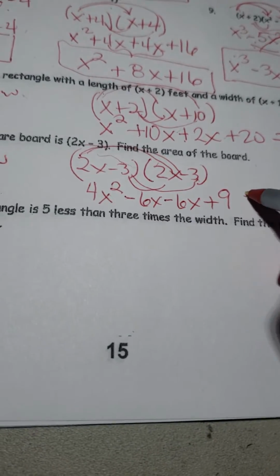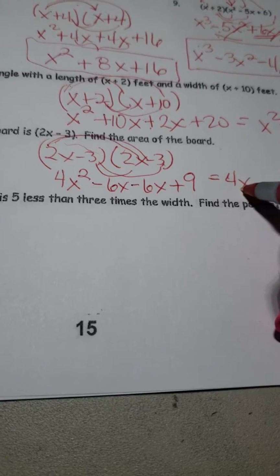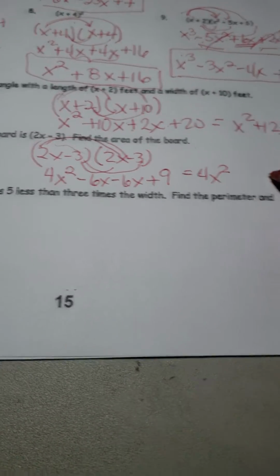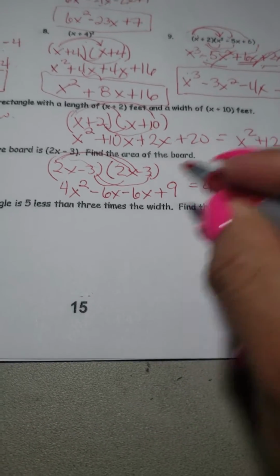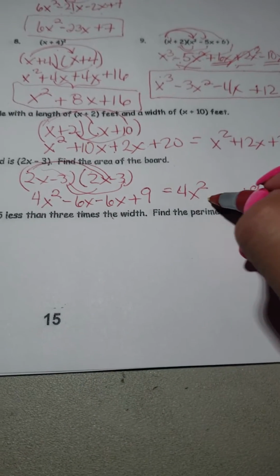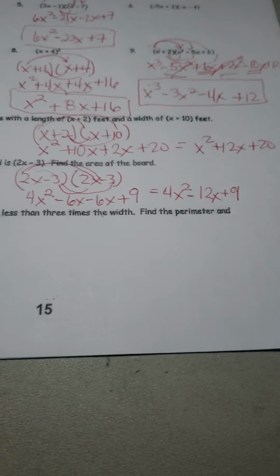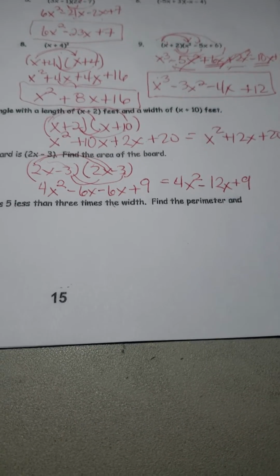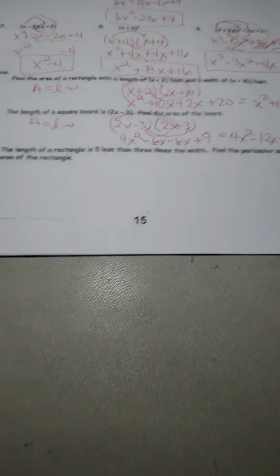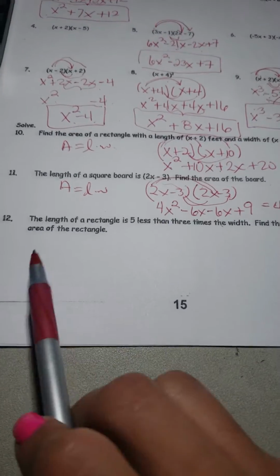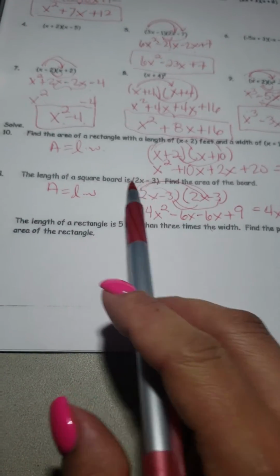Careful with those negatives. The first one stays the same because there's no other x squared. The last one stays the same, so plus 9. But these two middle terms will give me negative 12x.